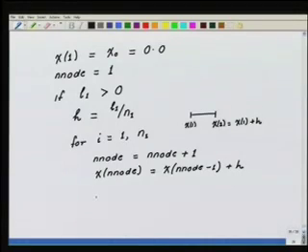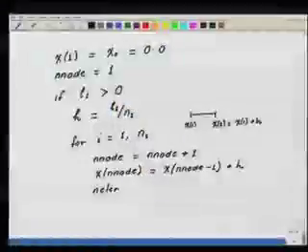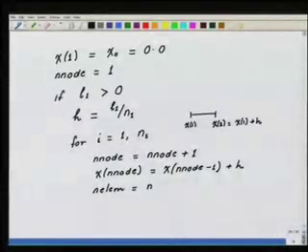Okay. Now, as I am constructing these consecutive nodes, I am also incrementing the number of elements. So I am going to say n elem is equal to n elem plus 1.